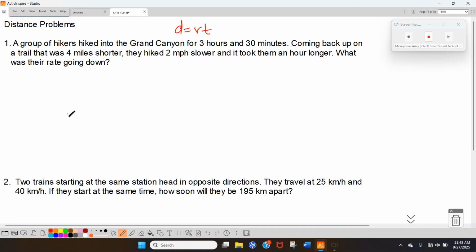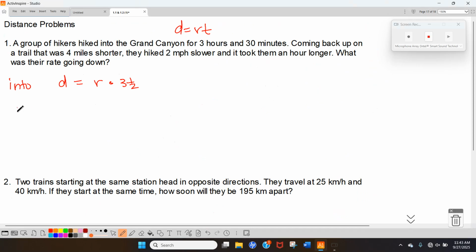All right, so if we're hiking into the Grand Canyon, what we know is that they have a distance and a rate that we don't know, but we know that their time was 3.5 hours.